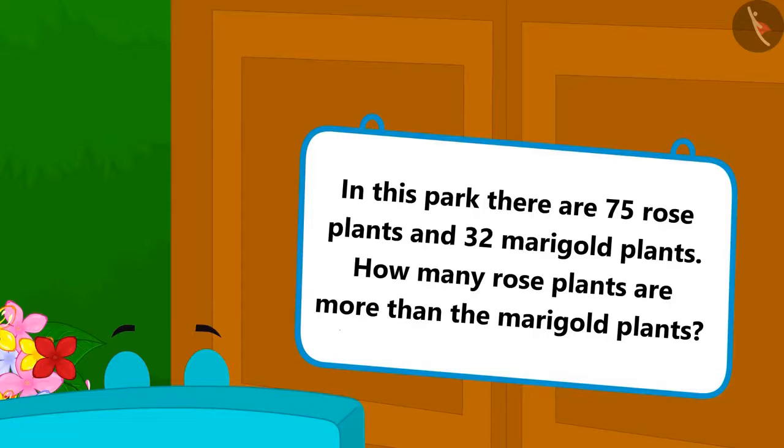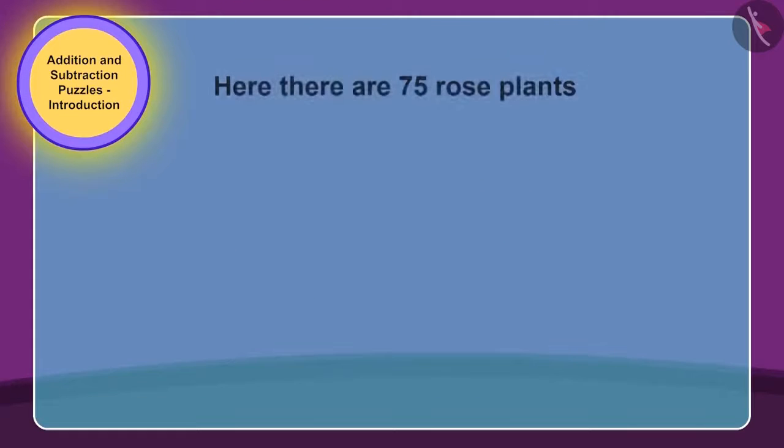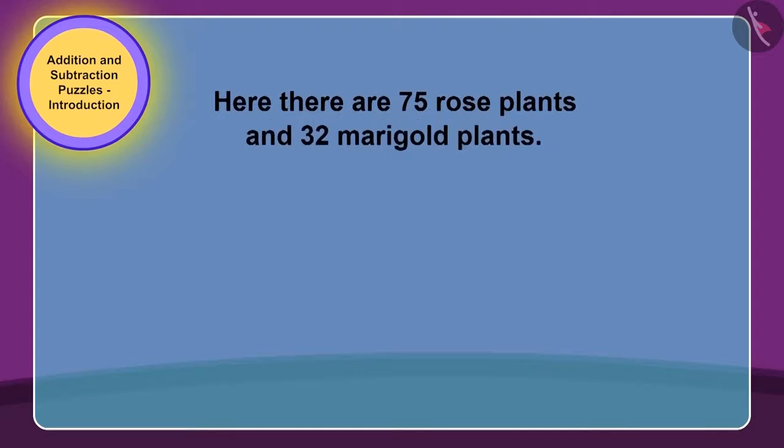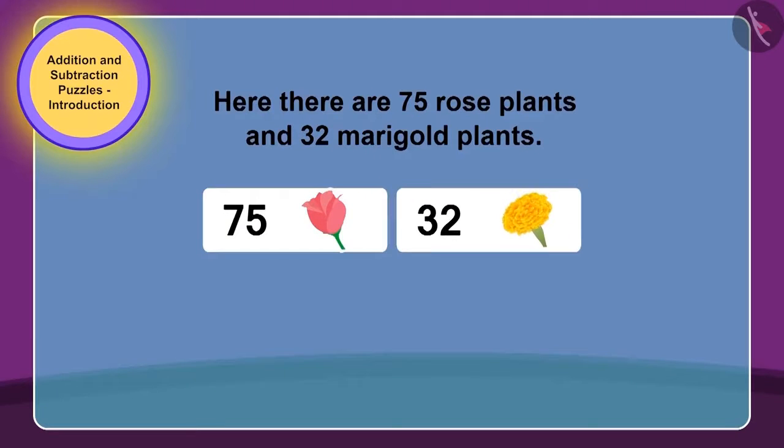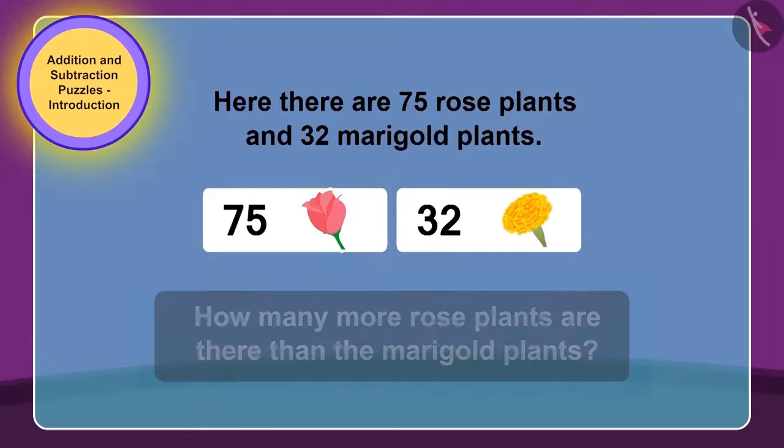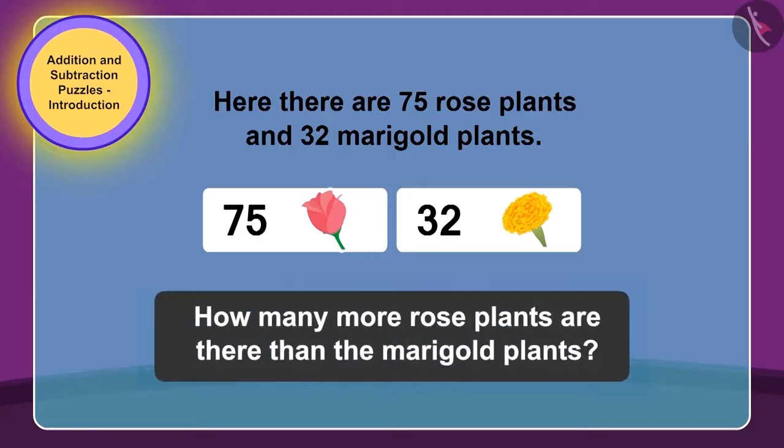Come, let's see what the puzzle written on the gate of the park is. Here, there are 75 rose plants and 32 marigold plants. How many more are the rose plants than the marigold plants?